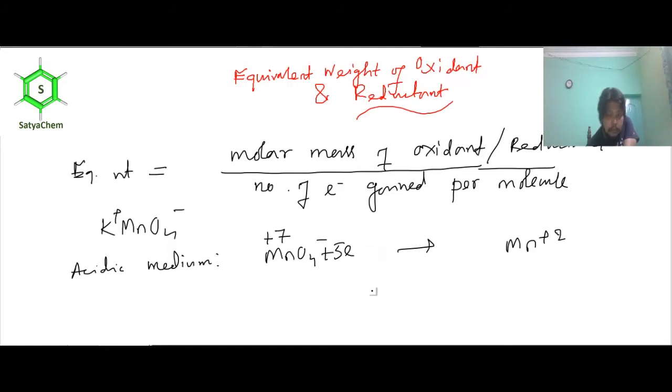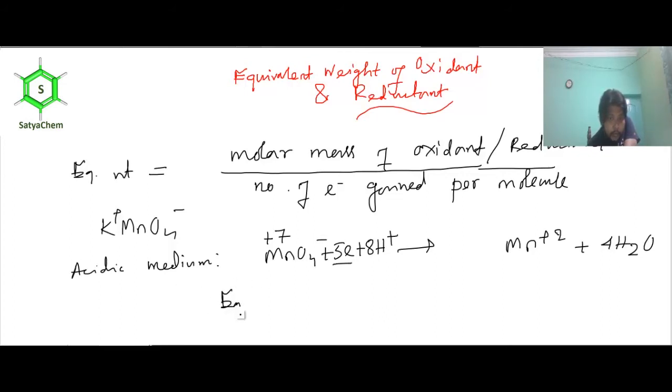Now to balance this equation, as the number of oxygen is 4, we can add 4H2O. Here the number of hydrogen is 8, so we can add 8H plus. Obviously it is acidic condition, so we must have H plus on the left hand side. So the number of electrons gained by MnO4 minus is 5.